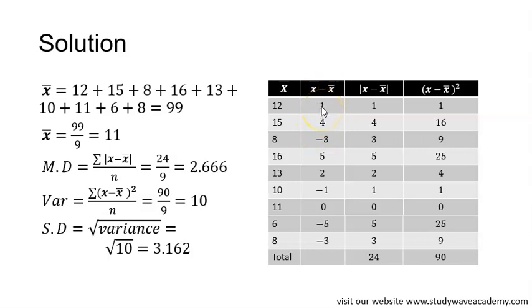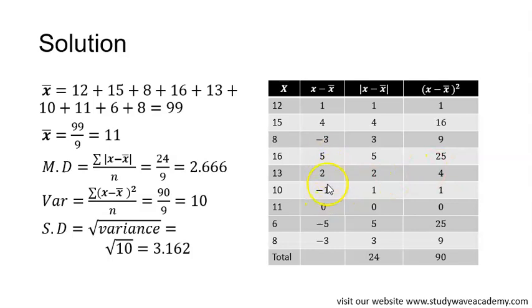So 1 raised to power 2 is still 1. 4 raised to power 2 is 4 times 4, right? It will give you 16. So minus 3 raised to power 2 is going to give you 9. Minus 3 times minus 3 is going to give you 9. 5 raised to power 2, which is 5 times 5, is going to give you 25. 2 raised to power 2, 2 times 2 is going to give you 4.